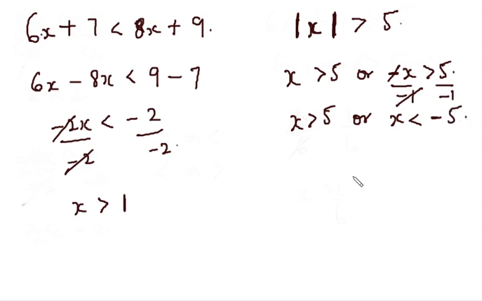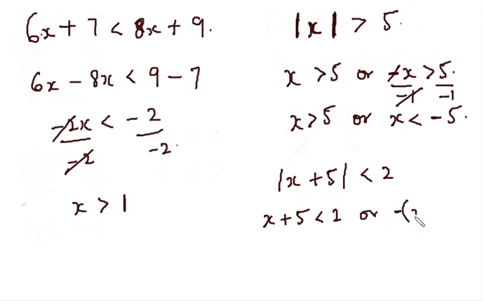Say we have something more complicated for this form, like the absolute value of x plus 5 is less than 2. This would simply mean x plus 5 less than 2, or minus open bracket x plus 5 is less than 2.